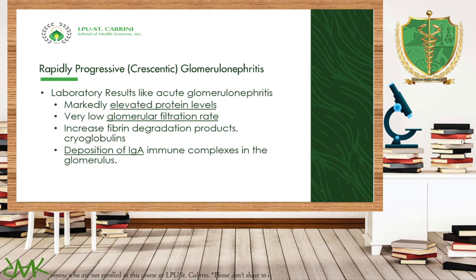There is a very low glomerular filtration rate, increased fibrin degradation products and cryoglobulins, and we have depositions of immunoglobulin A immune complexes in the glomerulus. Remember guys, there is a deposition of immune complexes in the glomerulus.